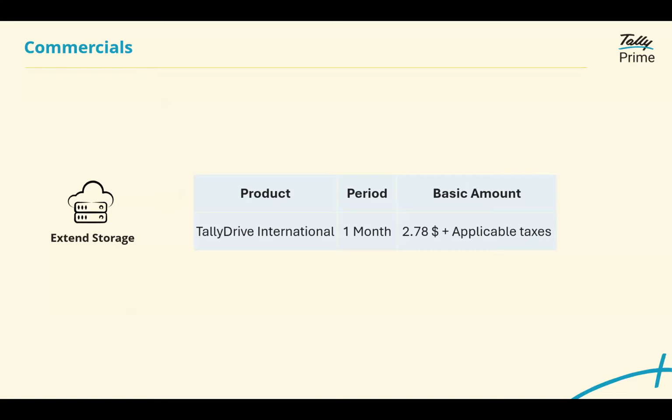For 1 month, the charges are $2.78 plus taxes. This is on a monthly basis. So if you are taking it for 12 months, you just have to multiply it, right? So the number of months can be selected while extending the period. I hope this is clear.